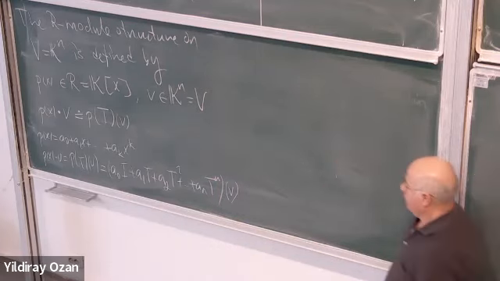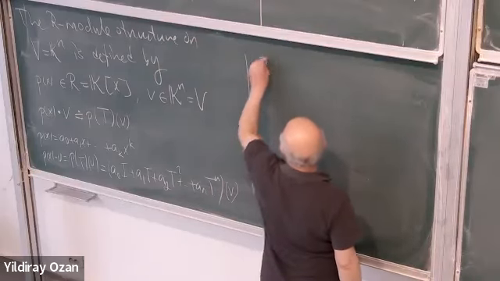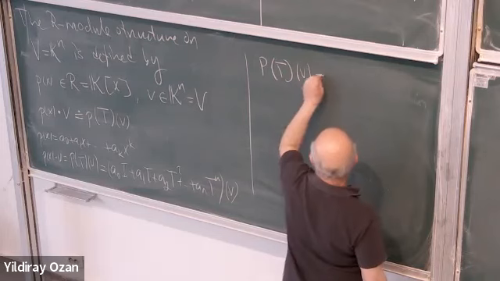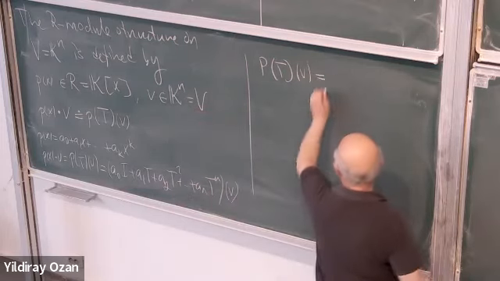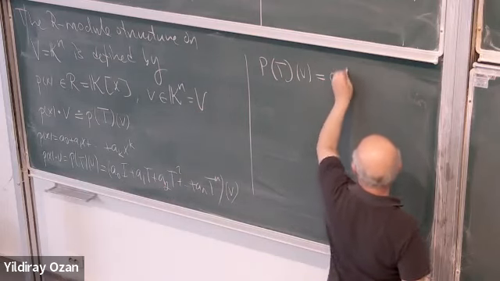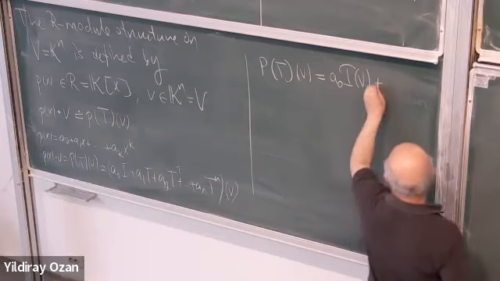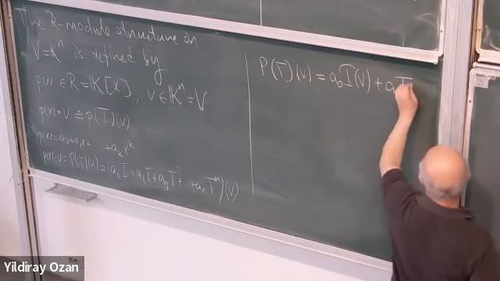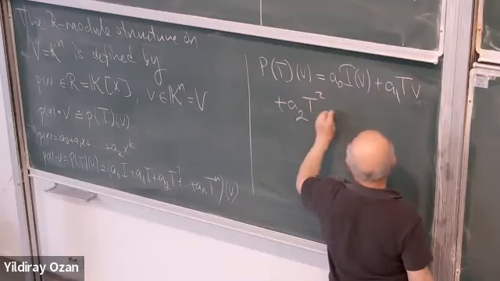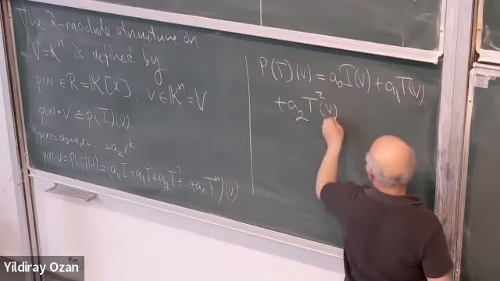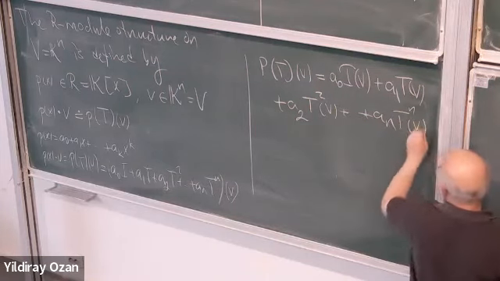Okay, so that is just p(T)v. a_0 times identity applied to v is just a_0 v, and then a_1 times Tv, a_2 times T squared v, and a_n times T to the power n v.